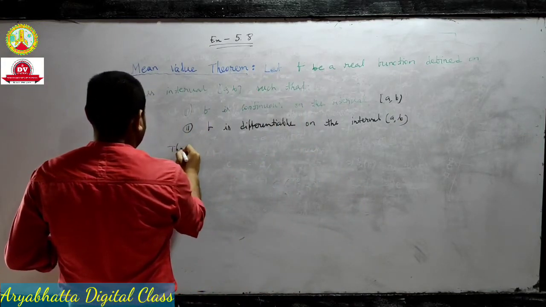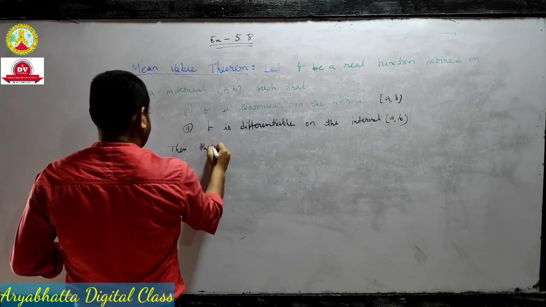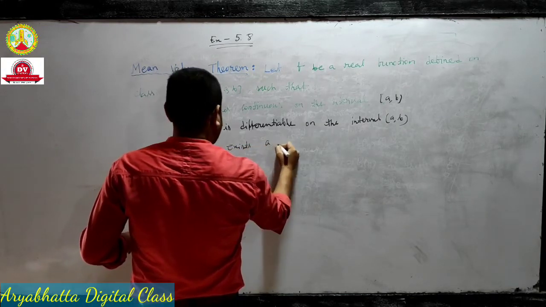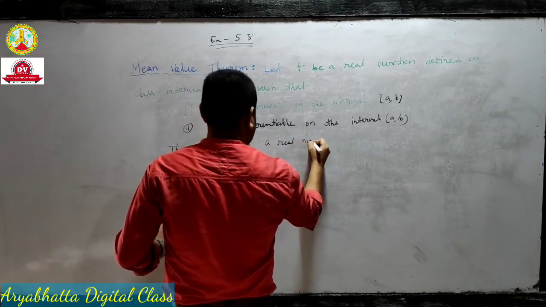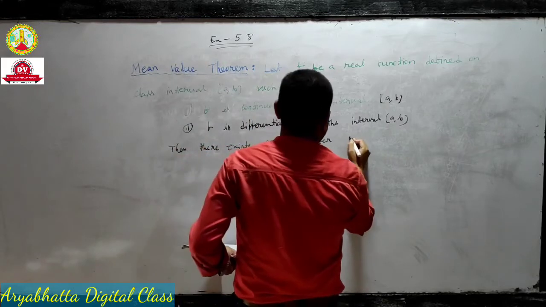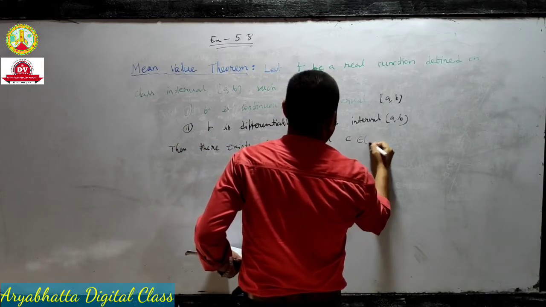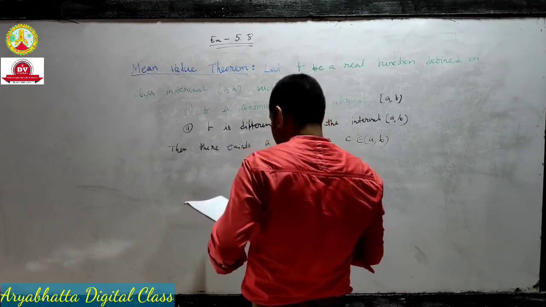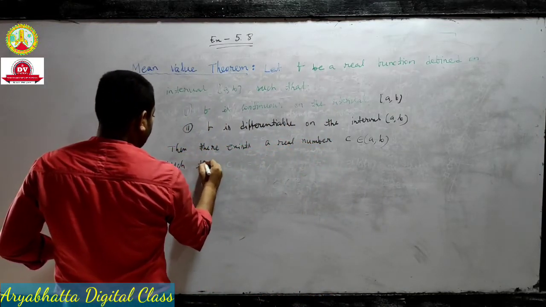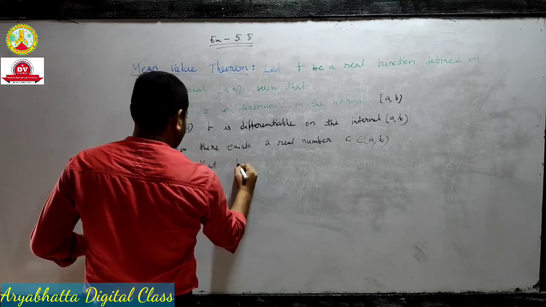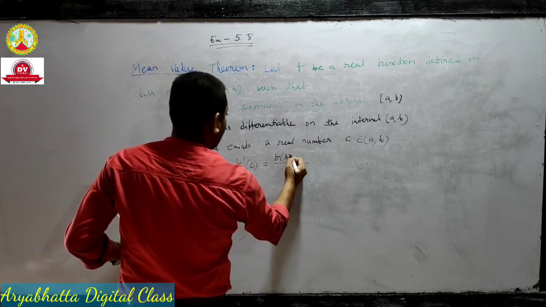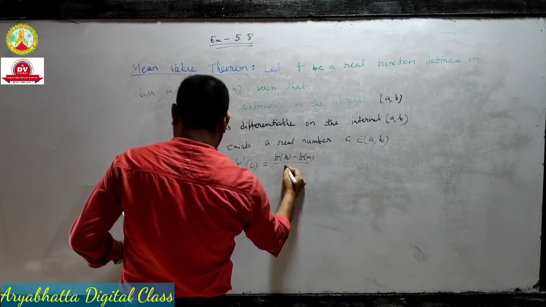Then there exists a real number c belongs to a comma b such that f dash c is equal to f of b minus f of a divided by b minus a.